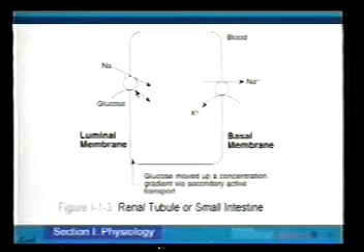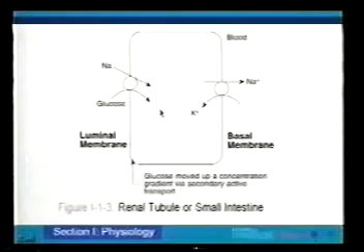Now, there's no reason to simply attach a sodium to this protein to transport it into the cell. If you just want to get sodium into the cell, you can simply open a channel. Therefore, you always transport something along with the sodium, and in this case, you transport the glucose along with the sodium. As a result of this movement, the concentration of glucose will build up inside the cell.